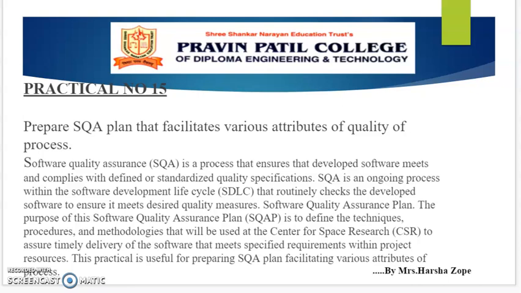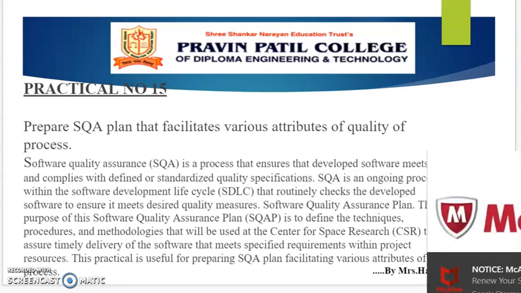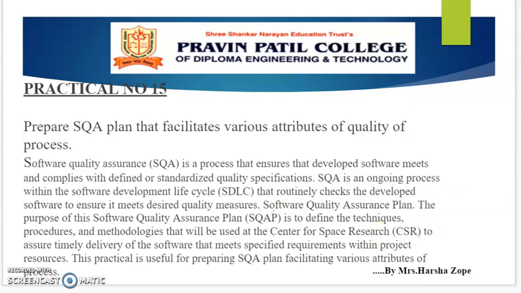Software quality assurance, that is the SQA, is a process that ensures that developed software meets and complies with defined or standardized quality specification. SQA is an ongoing process within the software development life cycle, that is the SDLC. Software Quality Assurance Plan.